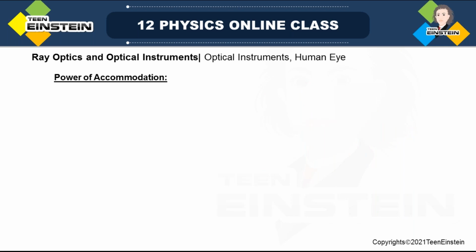So this accommodating the focal length and creating the image at the retina is actually called power of accommodation. What is this called? Power of accommodation. Power of accommodation means what?